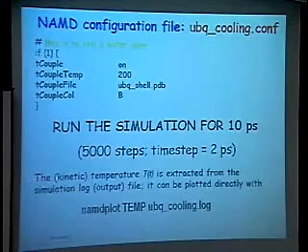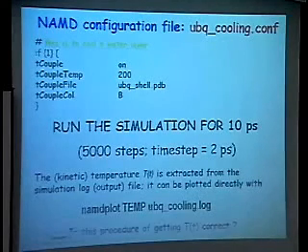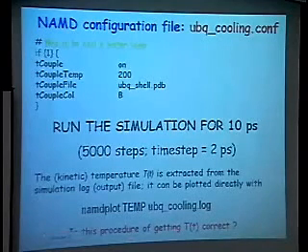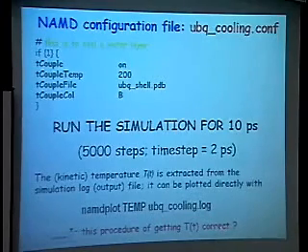And then you have to extract the kinetic temperature T at every time from the log file or the output file, and then you can plot it directly using NAMD plot. And what you will get, and now I have a question here, are you sure that this is the right procedure of getting the T correctly? So you just have to double check this.